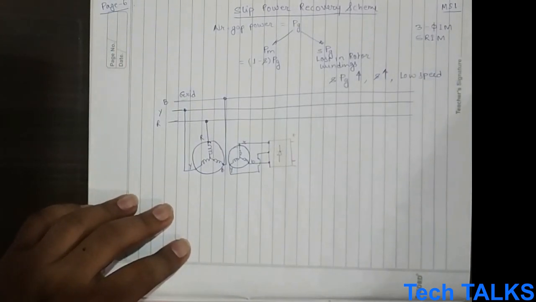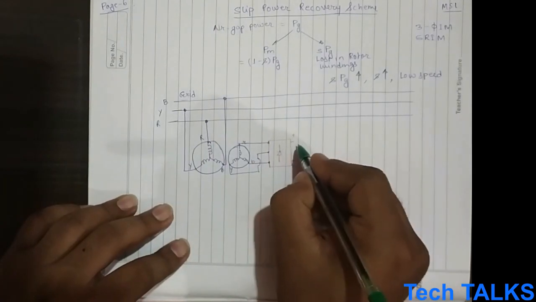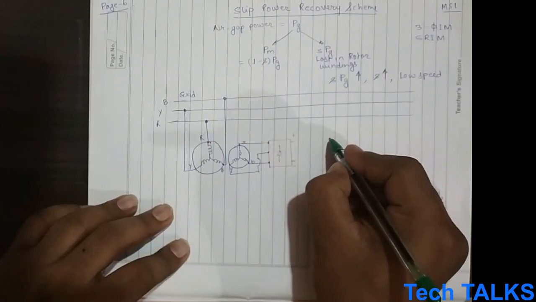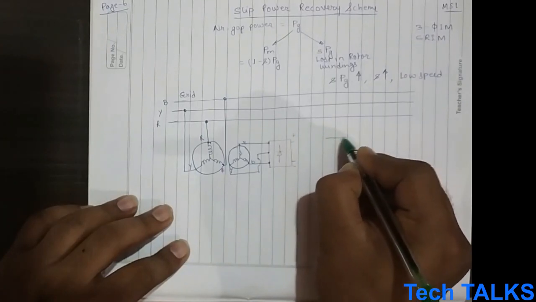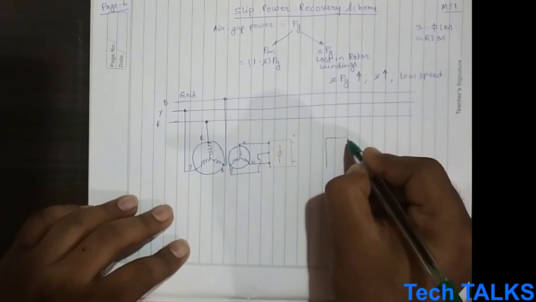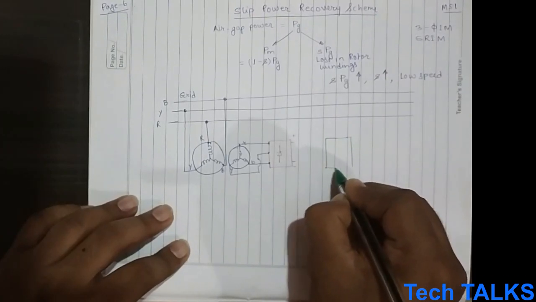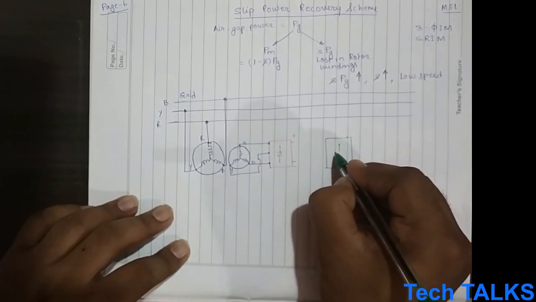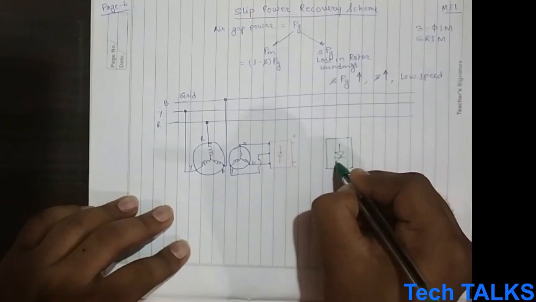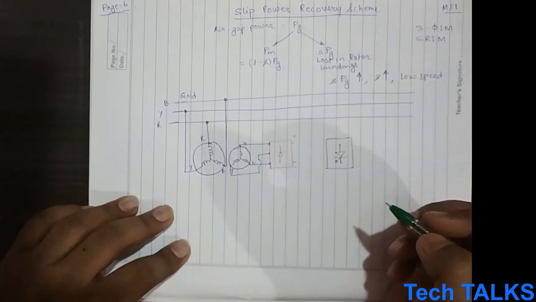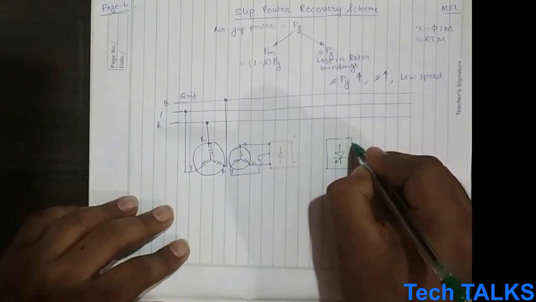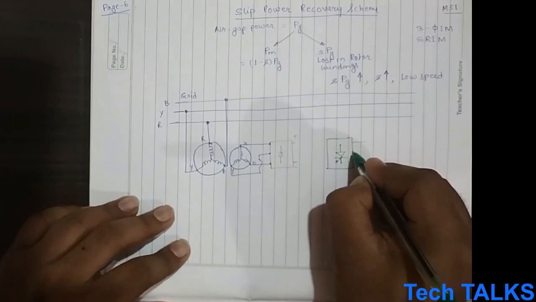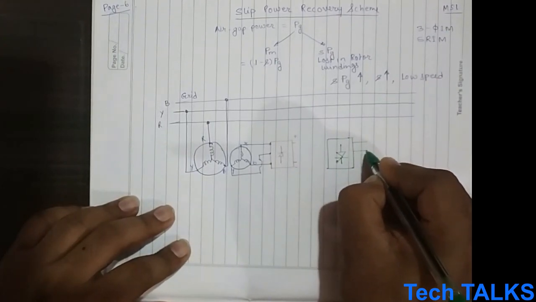Now this DC will be converted to AC by a thyristorized inverter. So this thyristorized inverter has three parts. This side is AC, so three lines will come out of here.